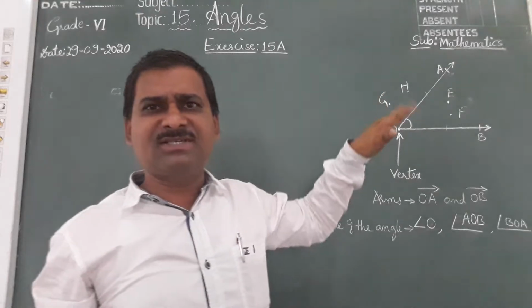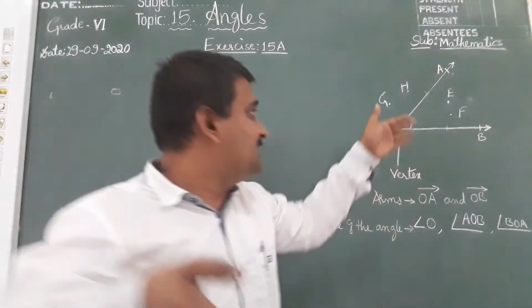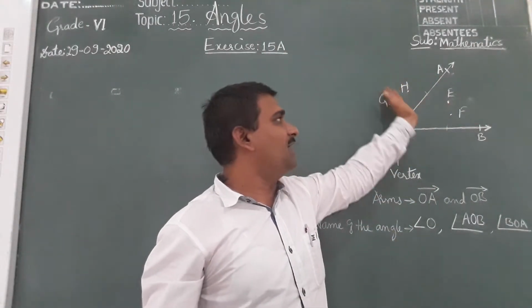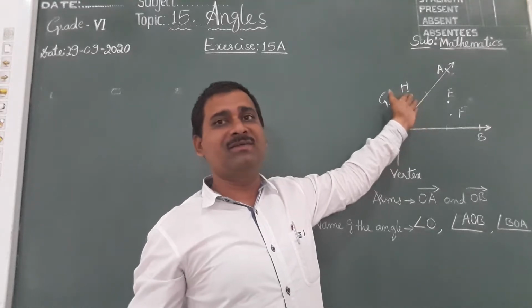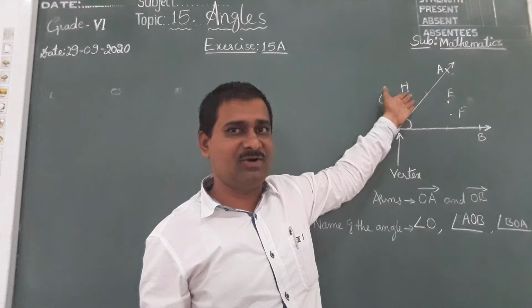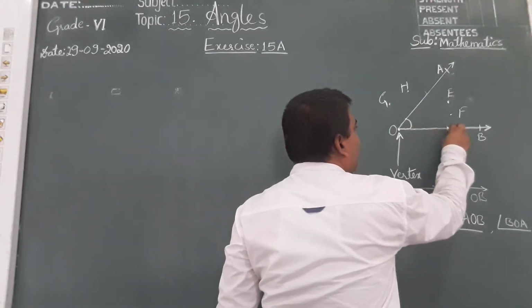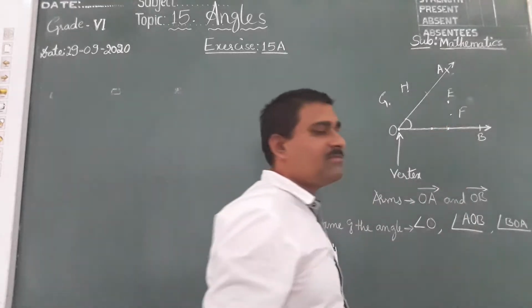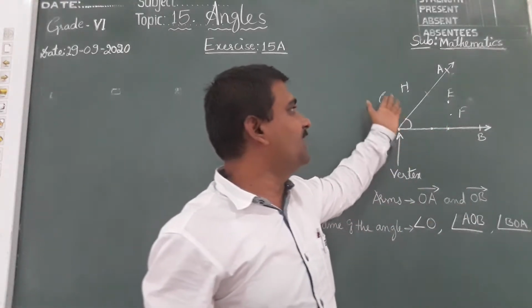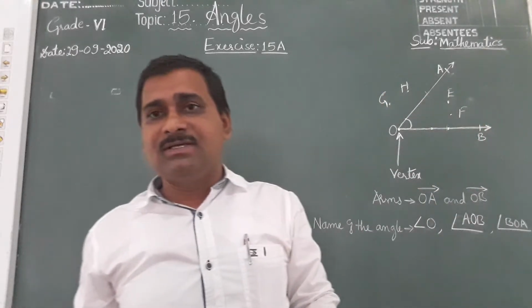These questions are also asked. These are very simple to answer. Which are inside the angle are interior points, which are outside the angle are exterior points. Sometimes points will be on the line. Exterior means outside, interior means inside. Understood, children?